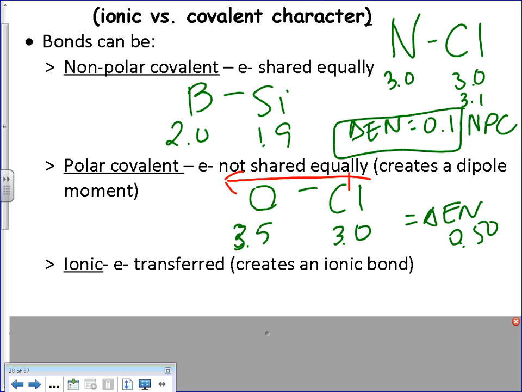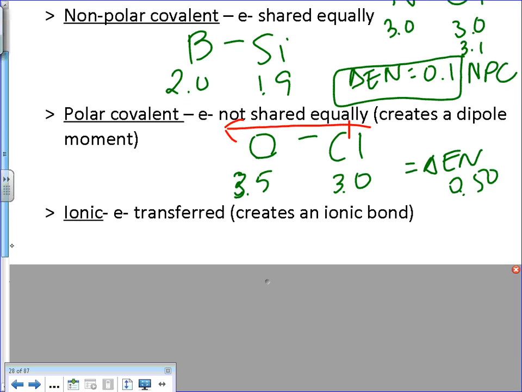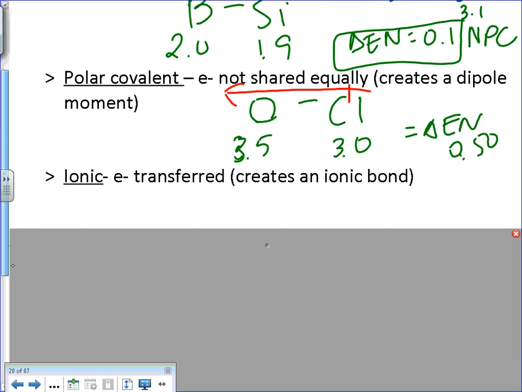Okay, so give me something that's ionic. So fluorine, the most electronegative, and boron. Actually, let's go back to really confirm.